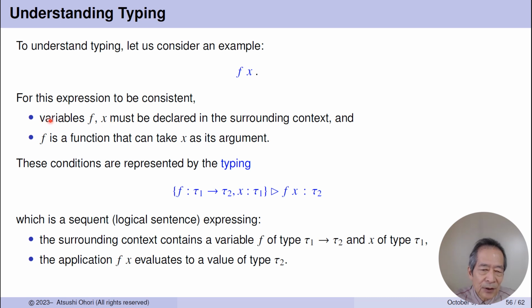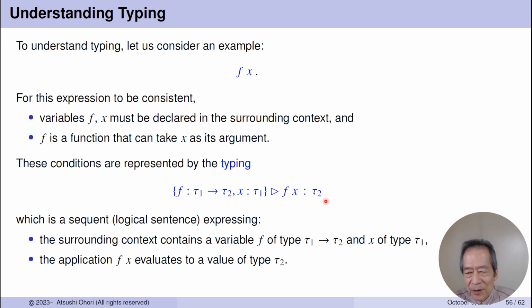This consistency condition of variable references must be represented in a logical way in the type system. So these two conditions are represented by a typing of this form.